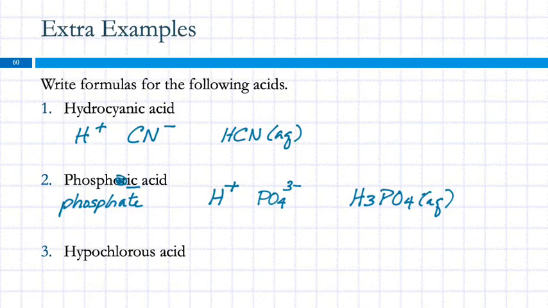So let's just talk for a minute about the phosphate ion, the hydrogen phosphate ion, and the dihydrogen phosphate ion. So this is actually what's called a triprotic acid. A hydrogen atom has 1 proton and 1 electron. To make the hydrogen ion, you lose the electron, and what's left?